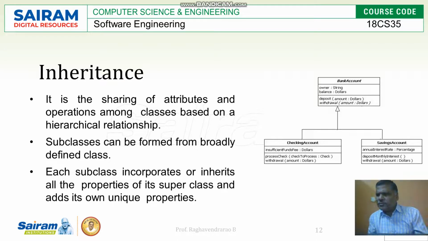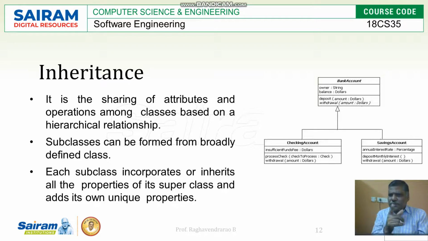The annual rate of interest is the percentage, and there is a deposit monthly interest function. Deposit is already there, so it has been inherited here. The withdrawal function is also inherited in the savings account.